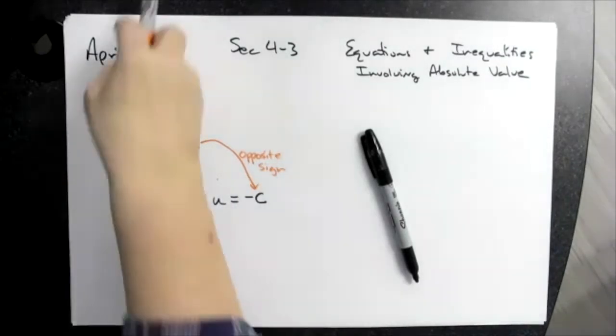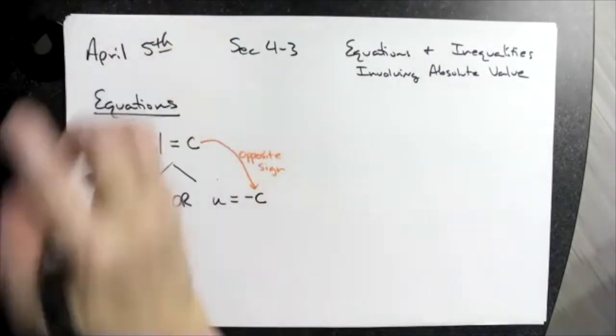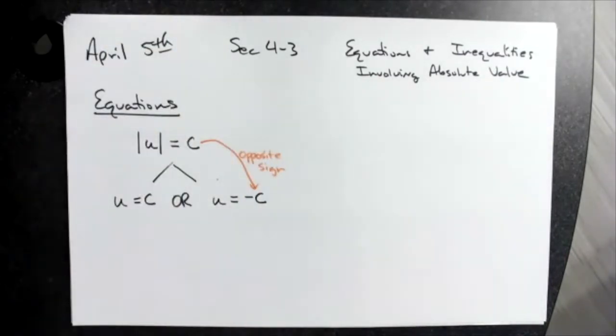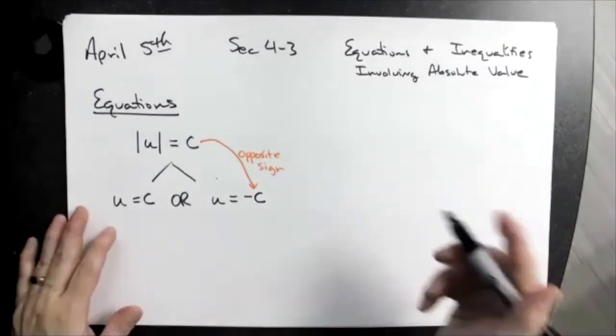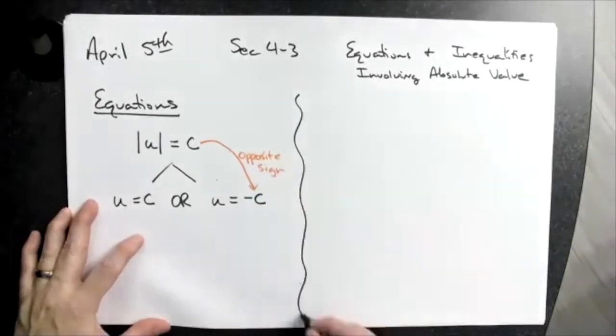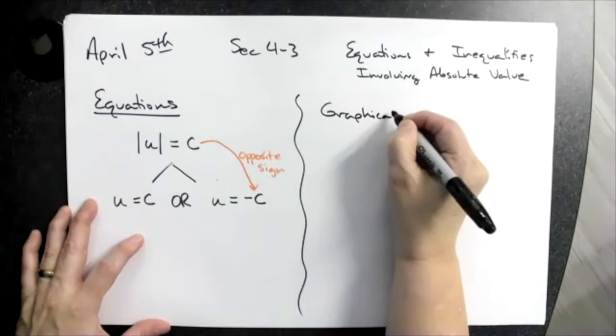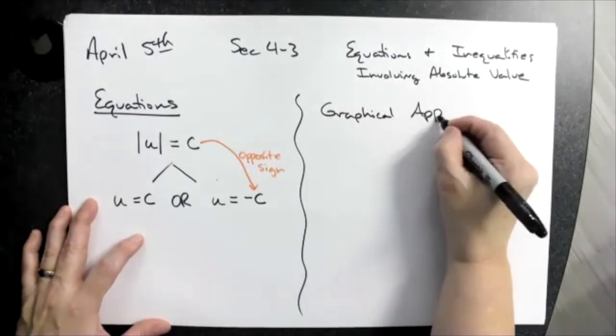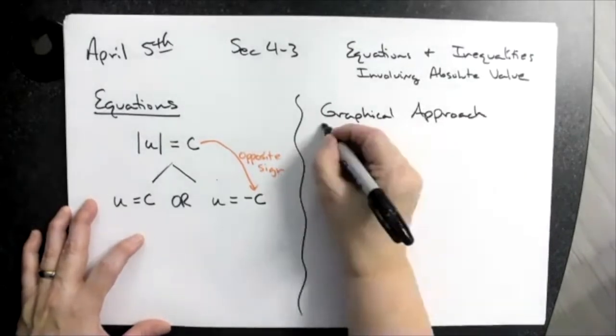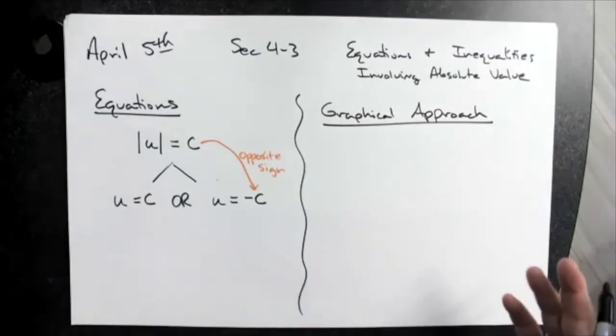Now actually, I think I'm going to take a graphical approach to this first, and then we're going to do one algebraically. So let's say from a graphical approach, and we're going to do it without our graphing calculator.